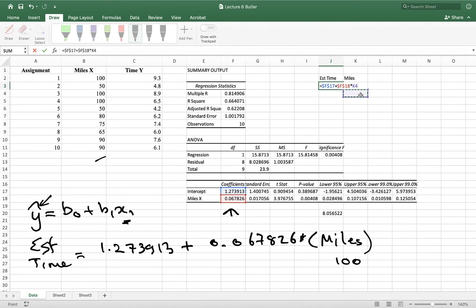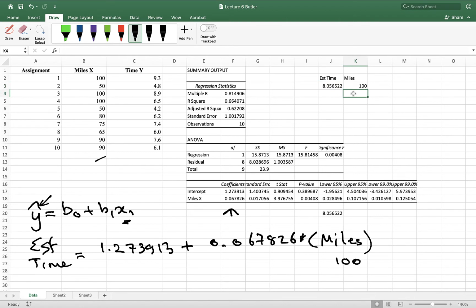I just have to adjust that because Excel doesn't want to play, so it's not K4, it's going to be K3. Okay, so that's what you have right there. If someone drives 100 miles, then you are going to estimate their time to complete those 100 miles is going to be 8 hours.